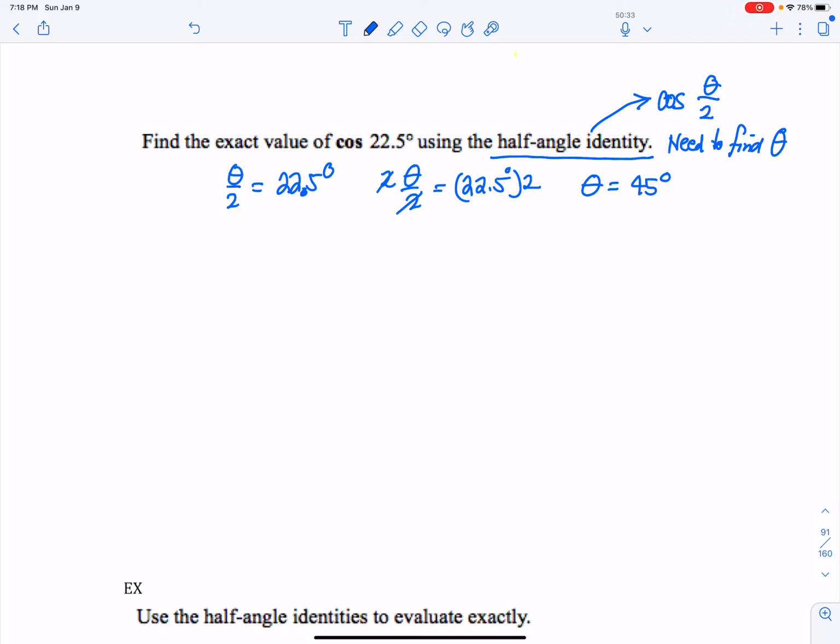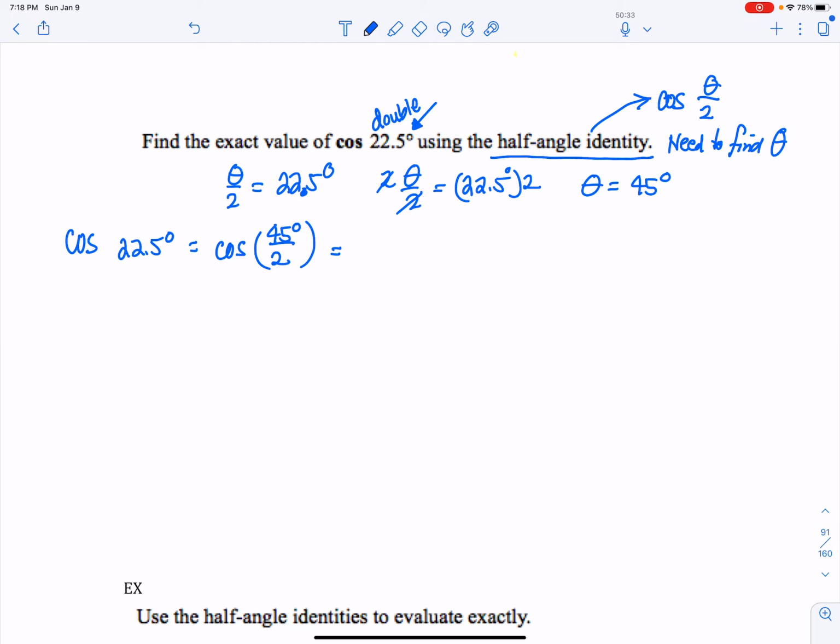So if you have a problem like this, just double whatever angle you're given, and I just showed you why that's the case. Okay, so cosine of 22.5 degrees is equivalent to cosine of 45 degrees divided by 2. Okay, so now that I have it in the form of cosine of an angle over 2, I can use the formula.